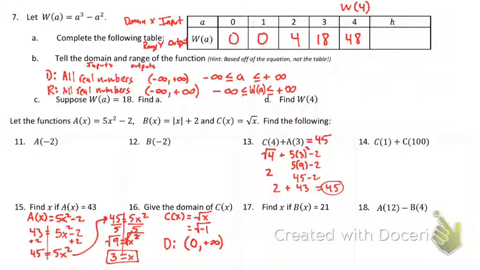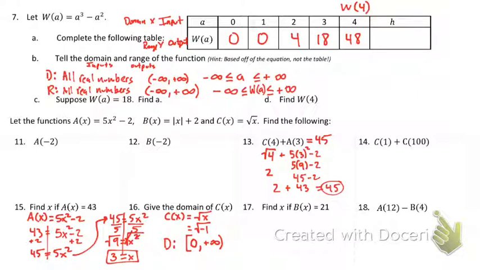Okay, and to take this a step further, it's not parentheses at 0, it's a bracket because the bracket says 0 can be plugged in too. So we can actually plug in 0 here. That's what a bracket means. We can plug in 0 and all numbers up to positive infinity. How do I write that in the other format?